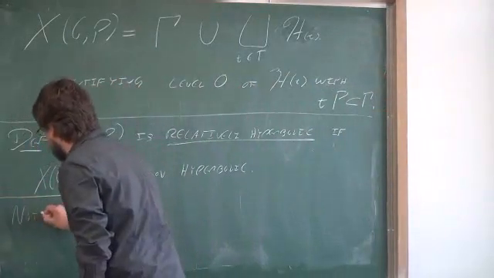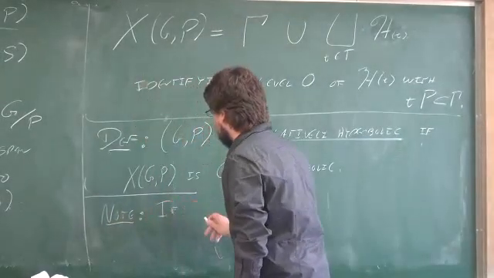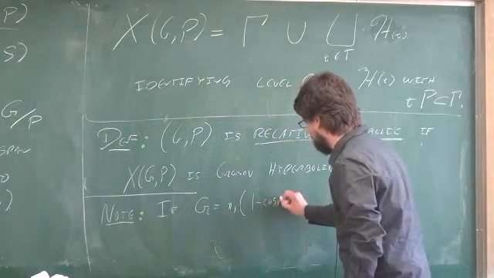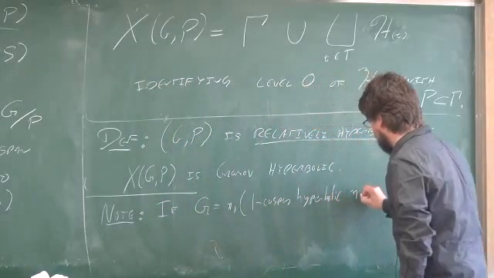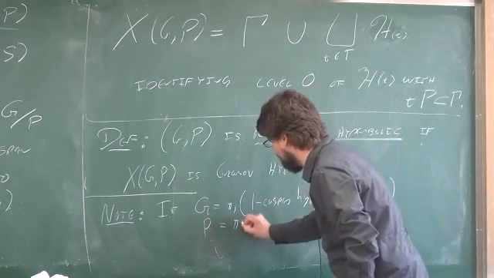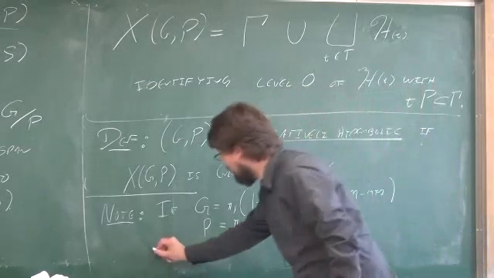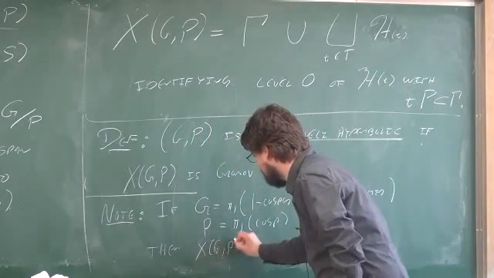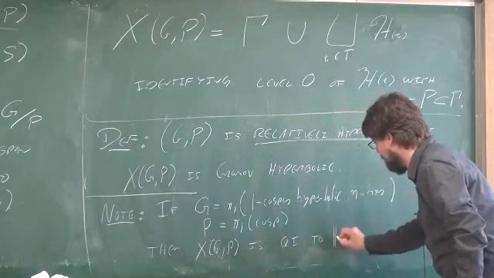So note, and again, this is not obvious, but you can prove that if we had G equal to the fundamental group of a one-cusped hyperbolic n-manifold, and if I had P equal to the fundamental group of the cusp, then the space X of G, P is quasi-isometric to Hn.